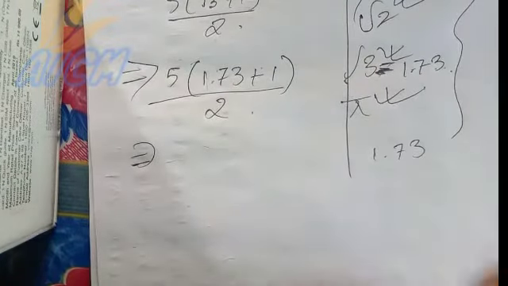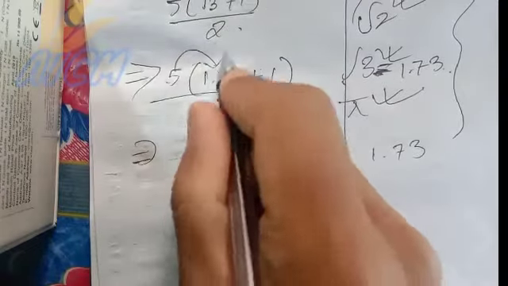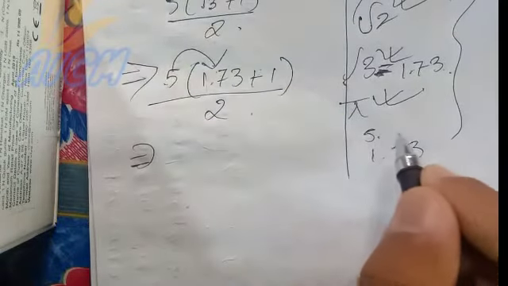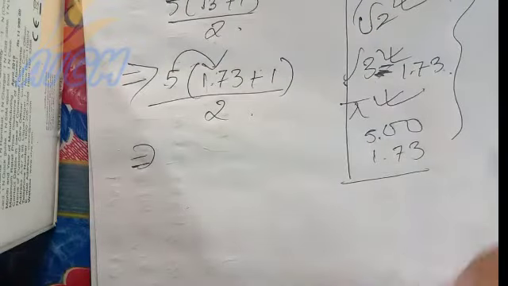1.73 multiplied by what? 1.73 into 5. So 5 into 1.73. We are going to multiply this.